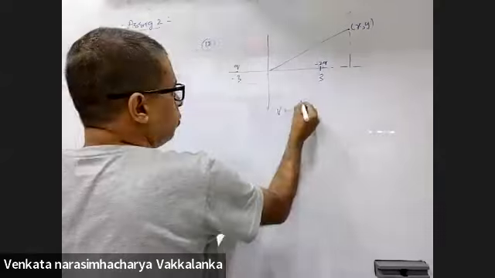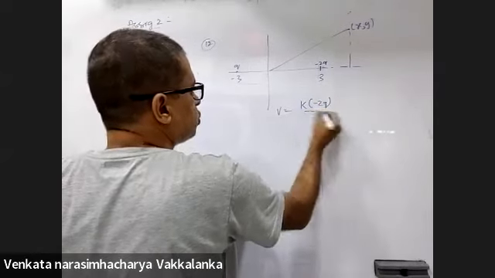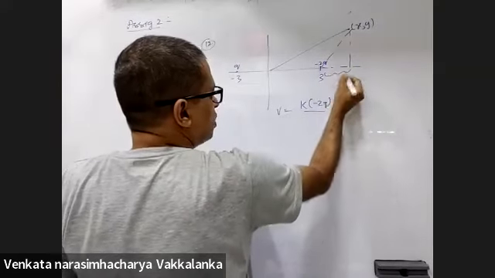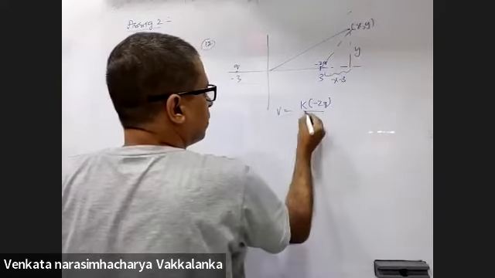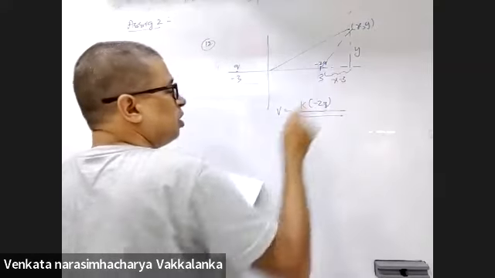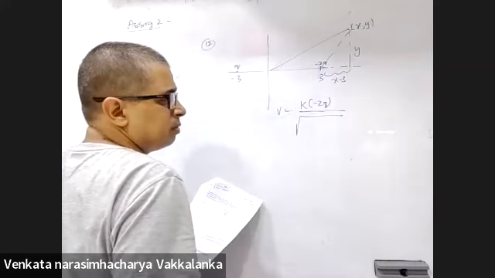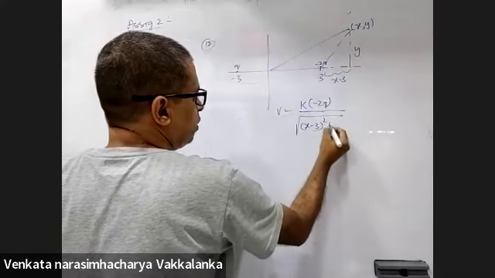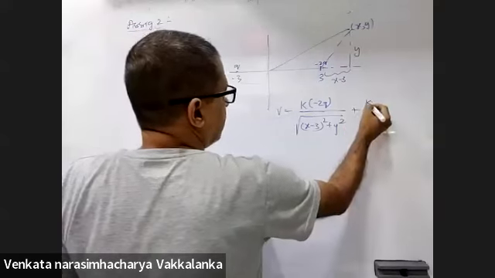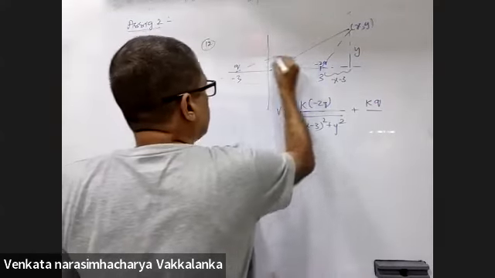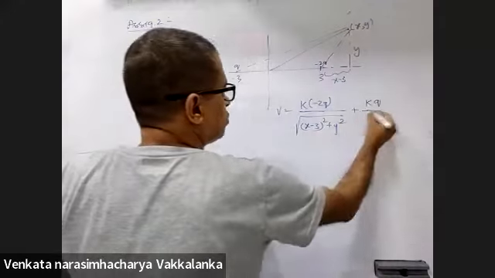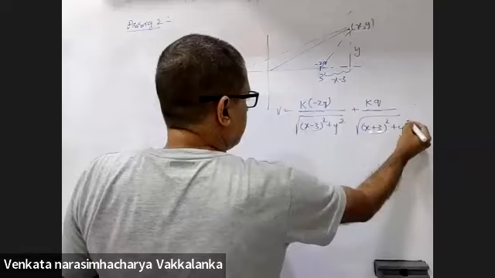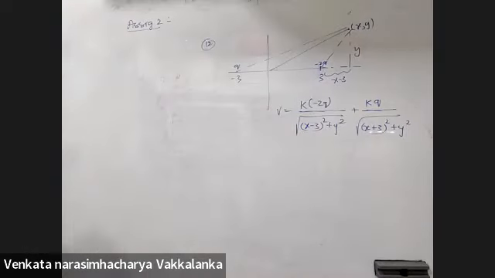Potential here will be k -2q by this distance. What will this distance be? X -3? Yes, sir. The distance will be x -3 whole square plus y square. Kq by, because of this, what will the distance be? Root over of x plus 3 whole square plus y square. Am I right?